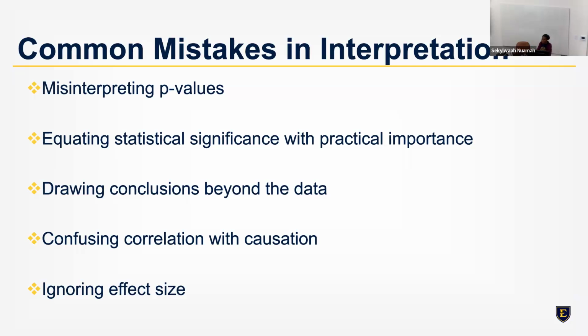And sometimes there will be a correlation. So we always say that there's a relationship between overspeeding and accidents, but it doesn't necessarily mean that the speeding caused the accident. So we shouldn't confuse correlation with causation. And I've mentioned the effect size.